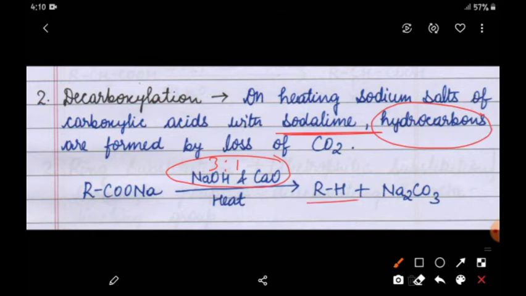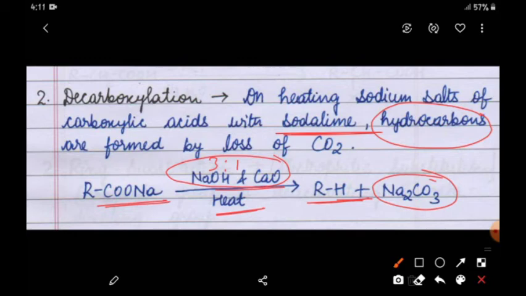The final product is a hydrocarbon. So this is the sodium salt of carboxylic acid, which will react in the presence of soda lime, and when we heat it we will get a hydrocarbon as the product with the loss of CO2. Sodium carbonate will be evolved.